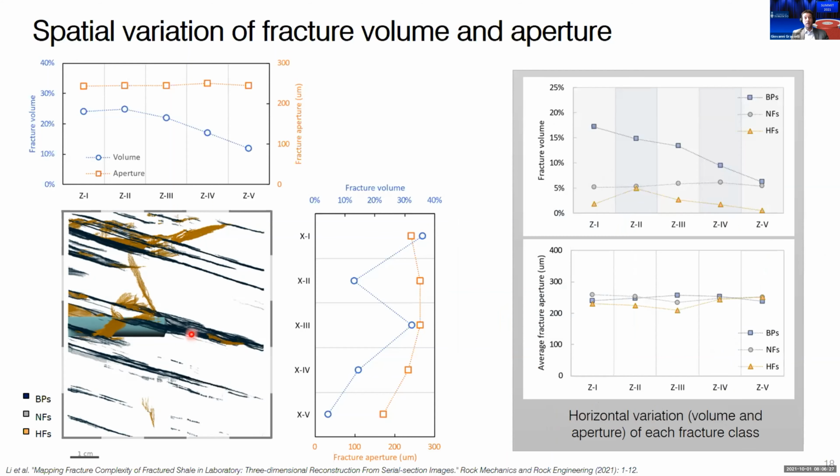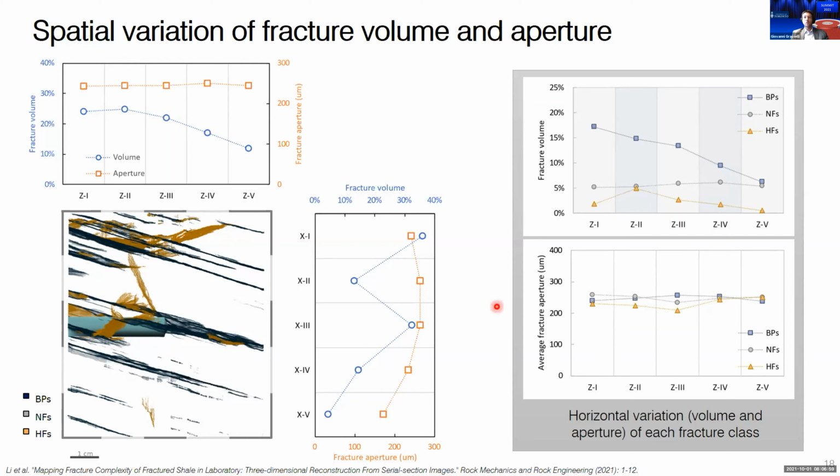The other thing that we could quantitatively evaluate was the fracture volume and the average fracture aperture, which would allow us to evaluate the stimulated volume with respect to the tested volume.